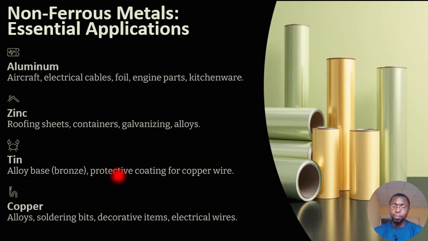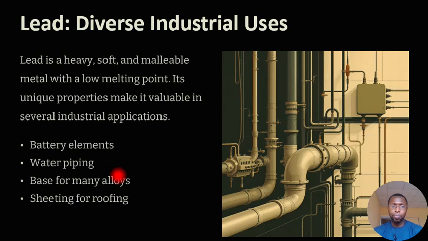All right. Having said that, let's talk about another material under the non-ferrous metal. That's the lead. The lead is a heavy, soft, and malleable metal with a very low melting point.